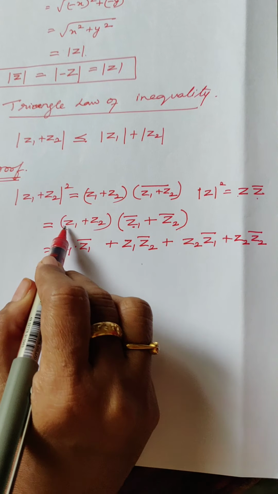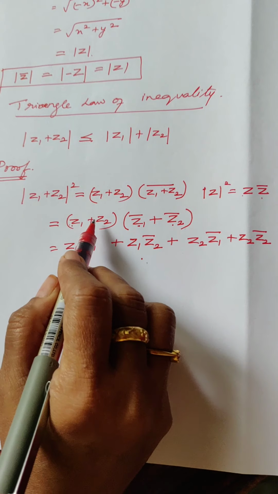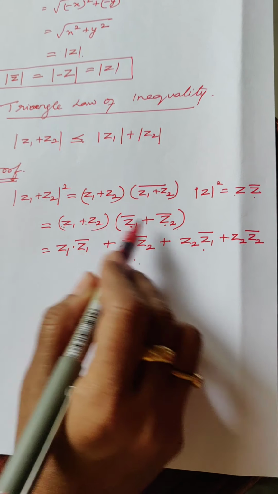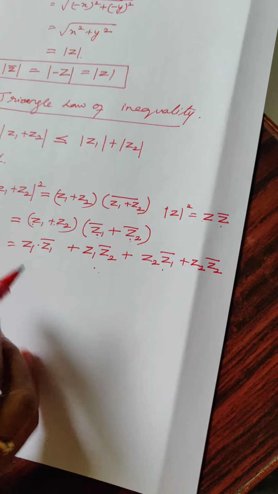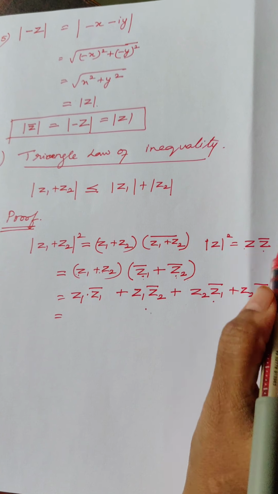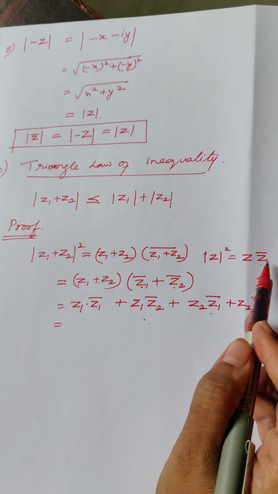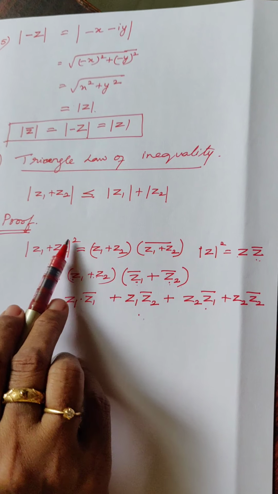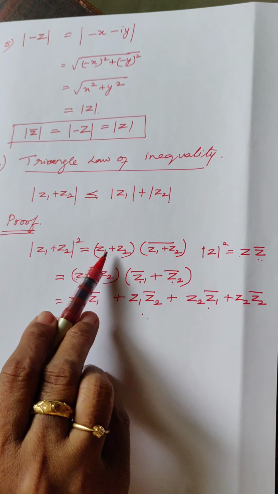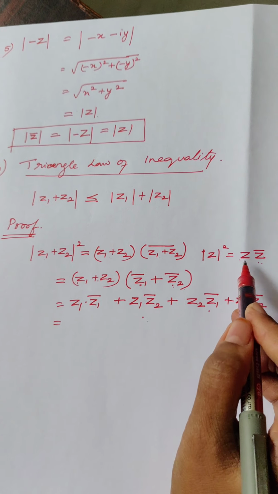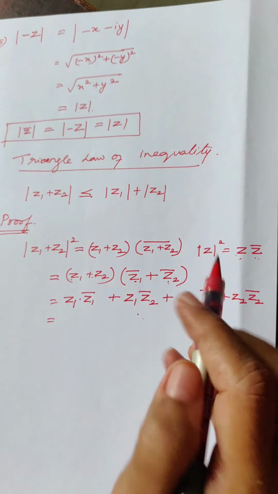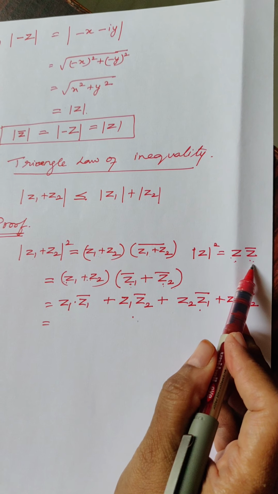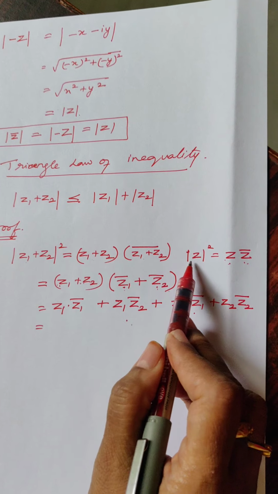Now using this result again, what is z into z bar? It is the reverse of the property. A complex number and its conjugate, taken in the reverse sense, becomes the modulus of that complex number square.